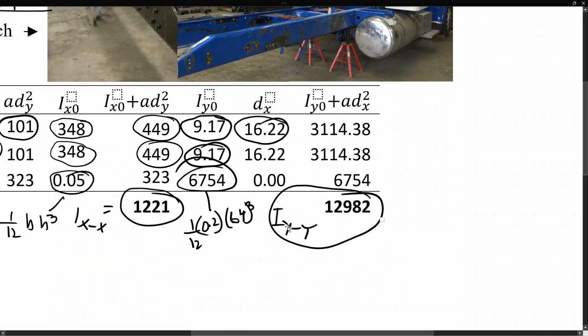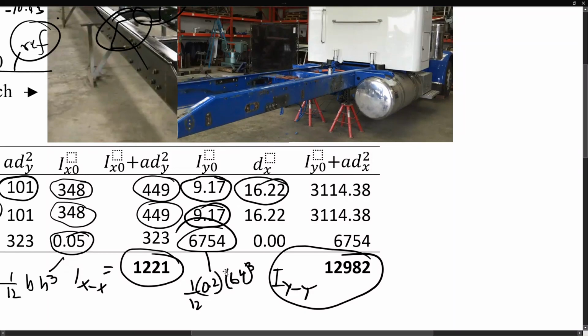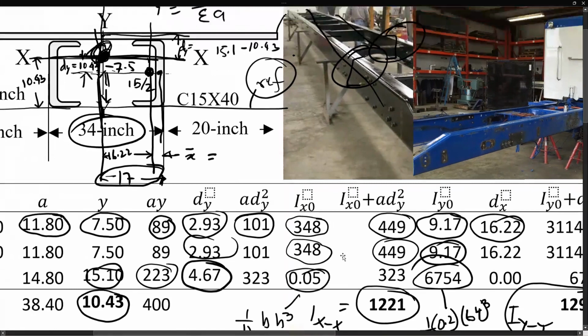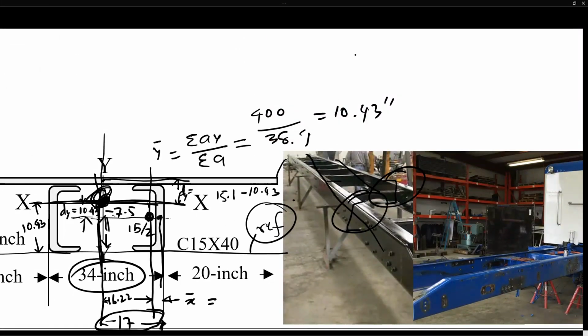Now, radius of gyration. Let me explain a little bit. Later on in the beam design section, you will see that the Ixx, the cross-sectional area moment of inertia with respect to the xx axis, is related to load coming from the top. So load coming from the top is associated with that Ixx.